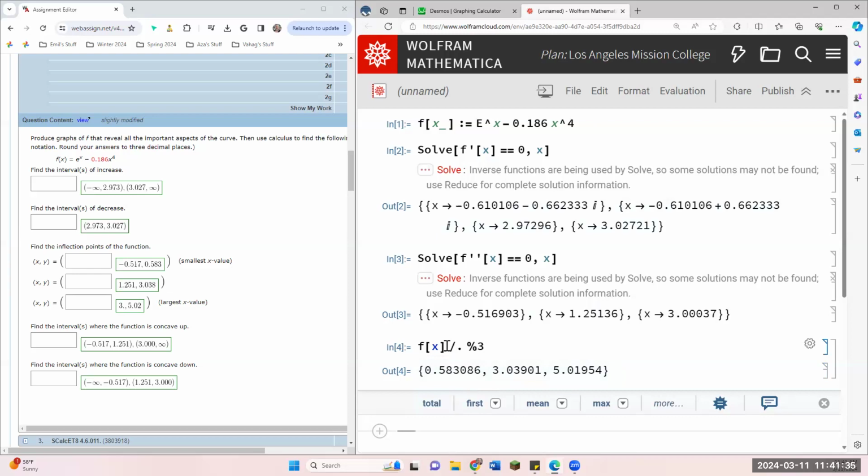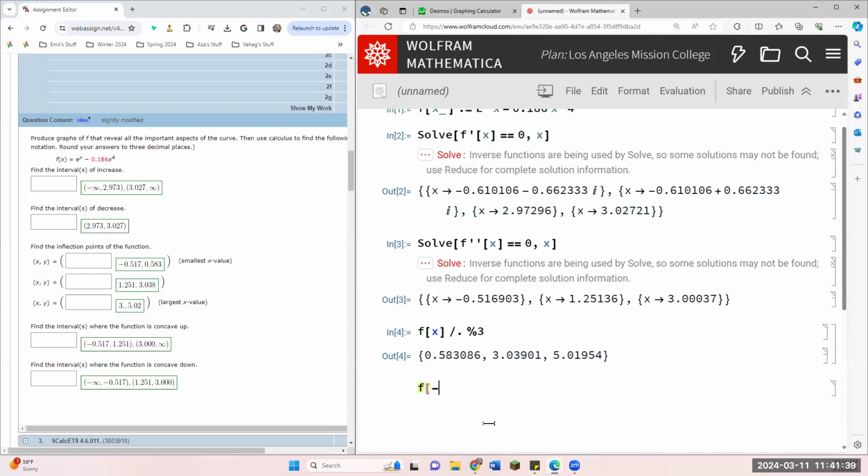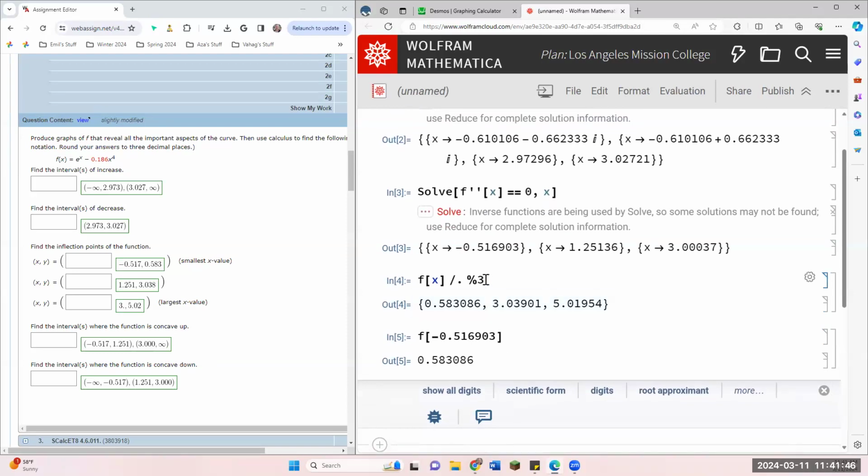Of course, you don't have to use this technique. You could have just said f of negative 0.516903, and it'll process that as well. But this is a fast way to ask Wolfram to plug in all of these x values into the original function by using the replace-all operator, slash dot, and then you just call the output, the third output, that's what this %3 does.